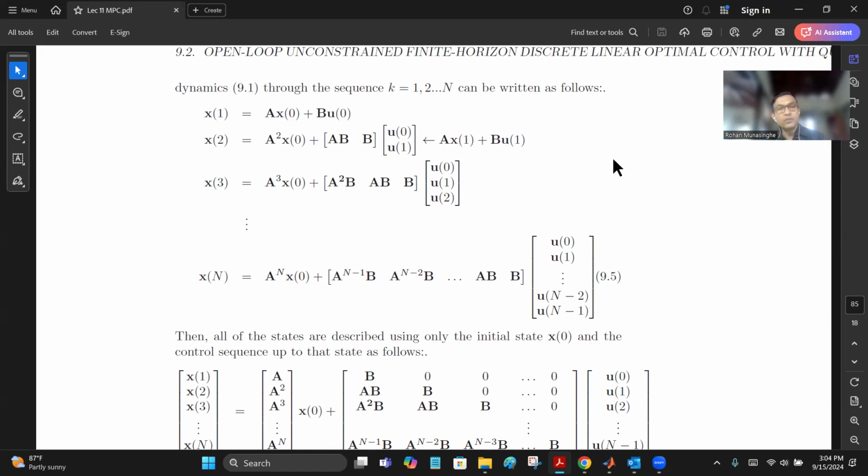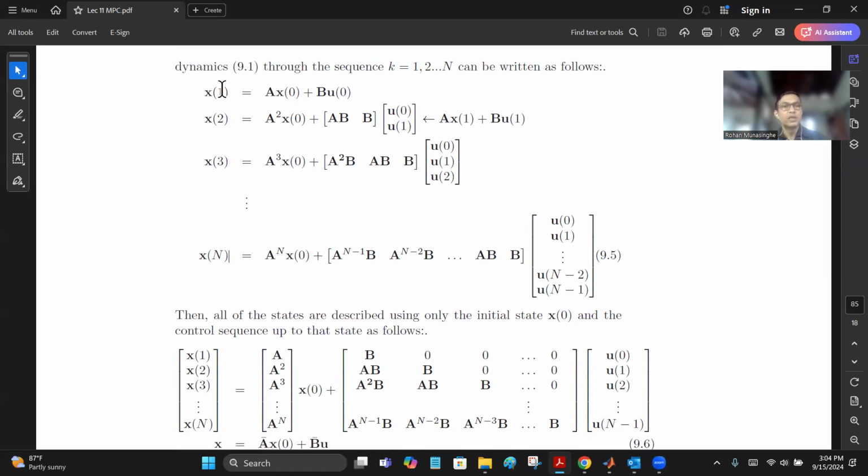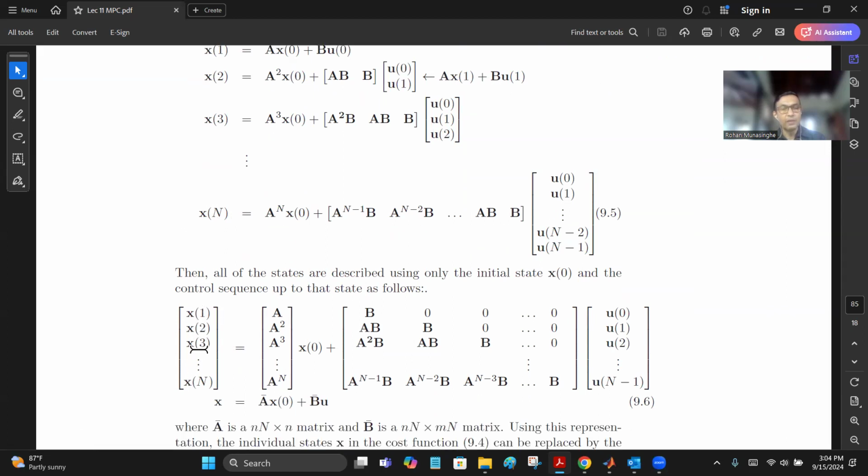Now, if you put these individual equations into another big matrix equation, you can say x1, x2, x3 up to xn as your column. Remember, this is the vector we earlier developed, all of the states prepared in a row or a column.